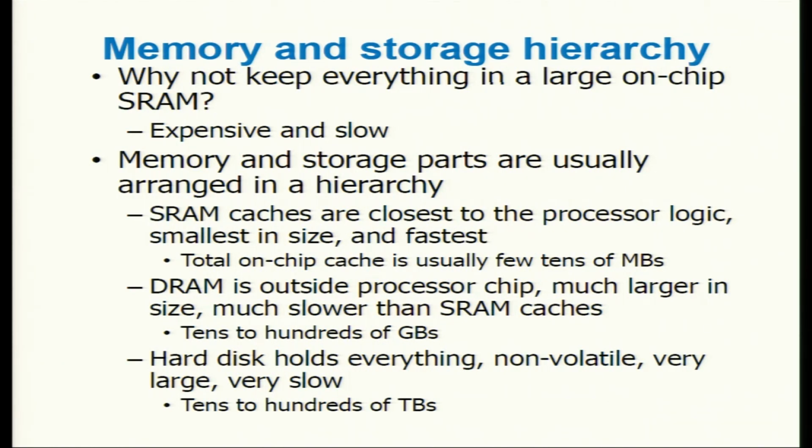We are seeing servers having terabytes of DRAM. Hard disk holds everything, non-volatile, very large, very slow, and it can be tens to hundreds of terabytes in capacity. So this is a typical storage hierarchy.